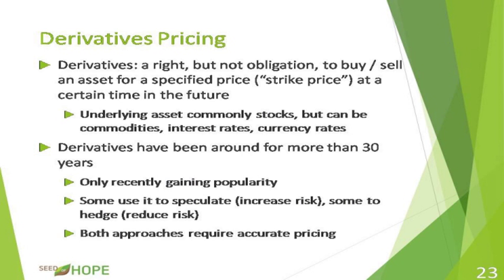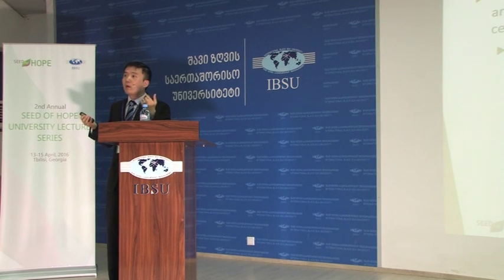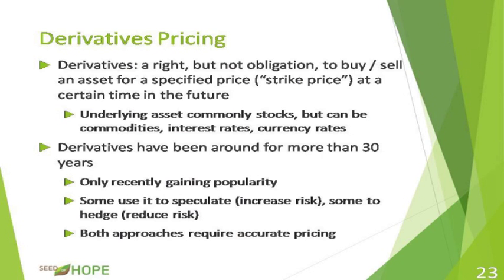How much would you pay for this piece of paper? How much is it worth? Well, it depends on the price of Coca-Cola today. But more importantly, it depends on how much you think Coca-Cola is going to be worth a year from now. So it really depends on two things: how far away the date is, how much Coca-Cola is today, and what trend you think Coca-Cola is going to follow.